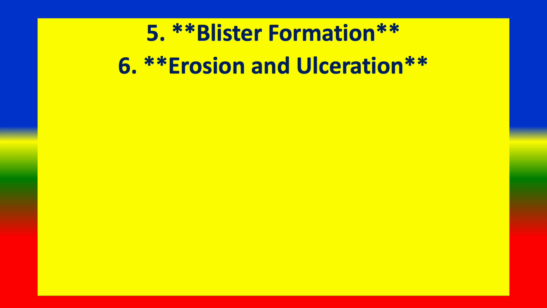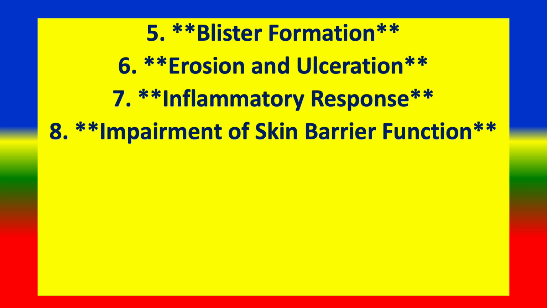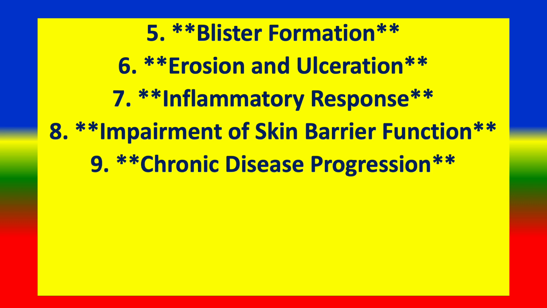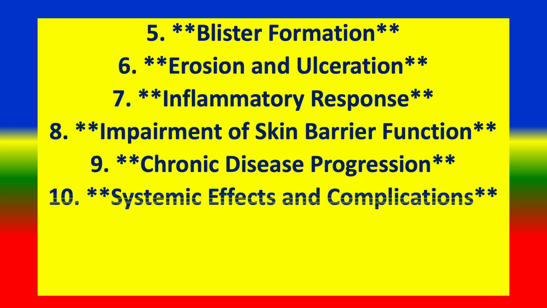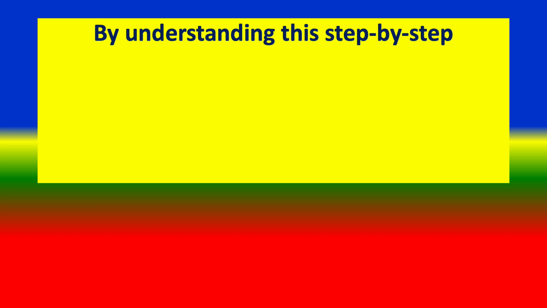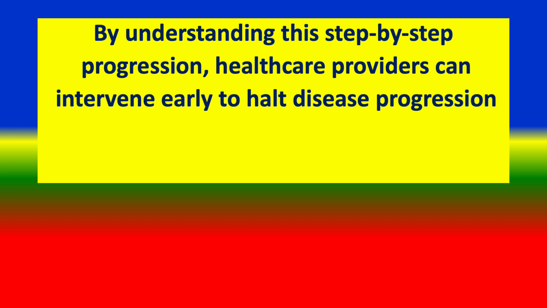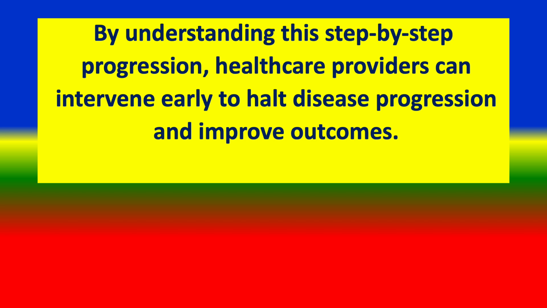Erosion and ulceration. 7. Inflammatory response. 8. Impairment of skin barrier function. 9. Chronic disease progression. 10. Systemic effects and complications. By understanding this step-by-step progression, healthcare providers can intervene early to halt disease progression and improve outcomes.